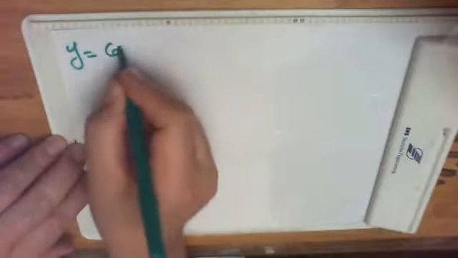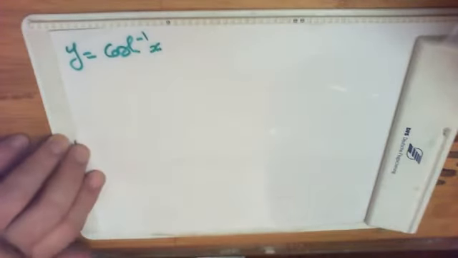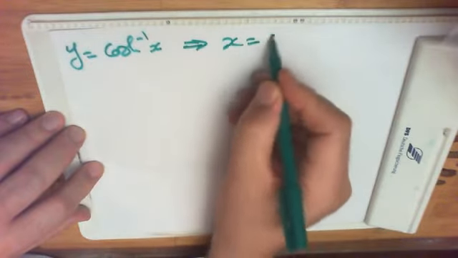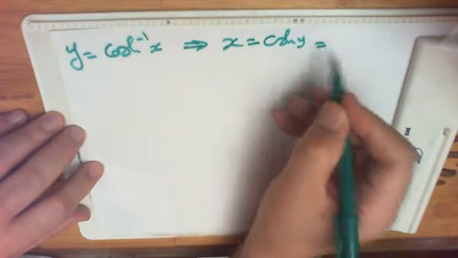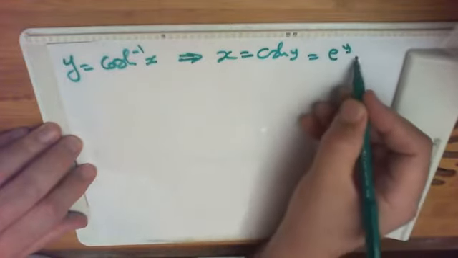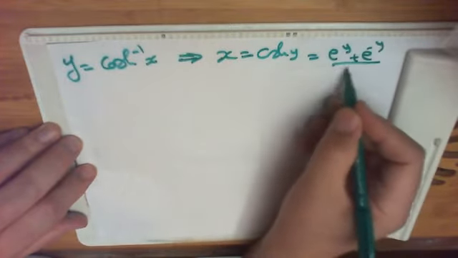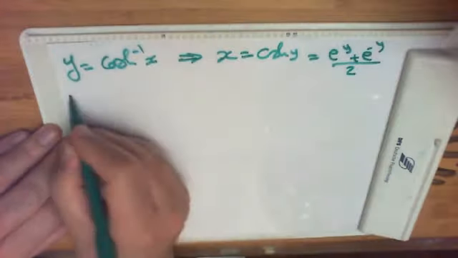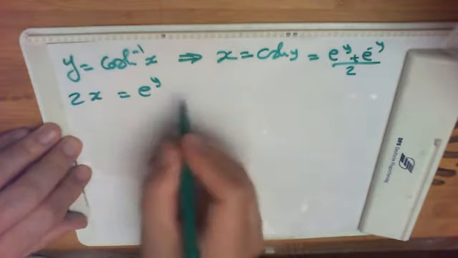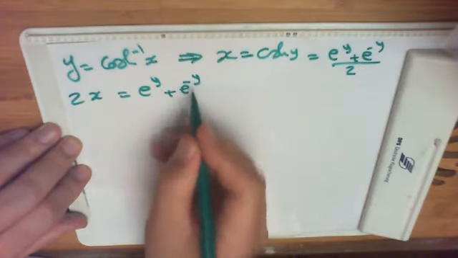Y equals cosh minus 1 x. Therefore x equals cosh y, which is e to y plus e to minus y divided by 2, or 2x equals e to y plus e to minus y.